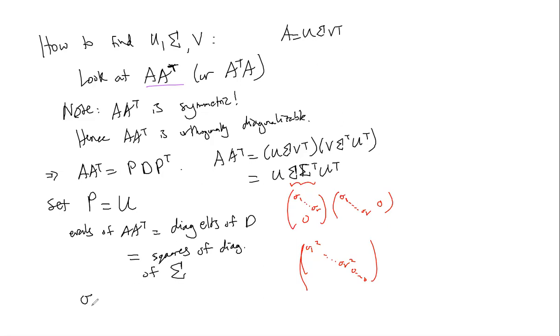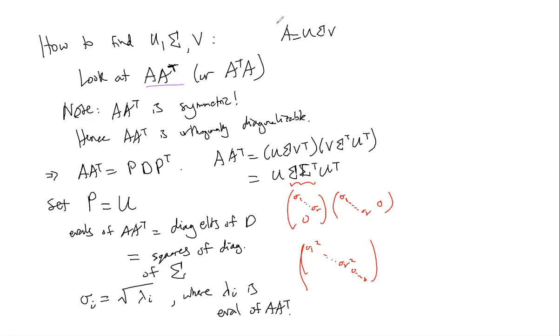So sigma i is going to be the square root of the eigenvalues. Okay, and then that gives you U and sigma.